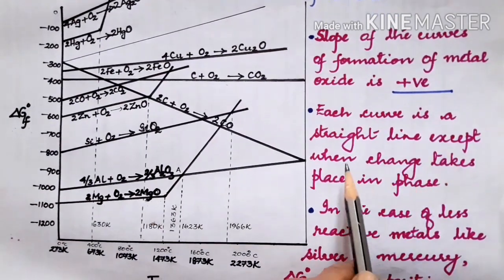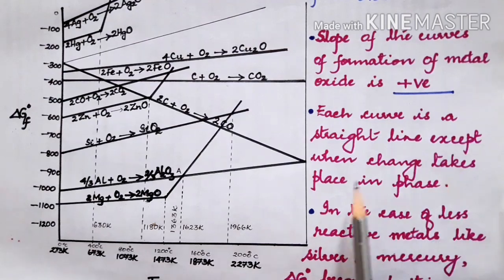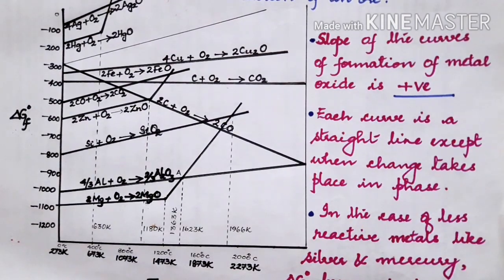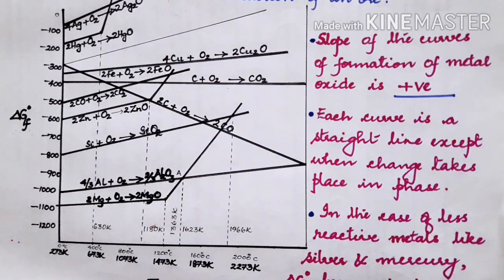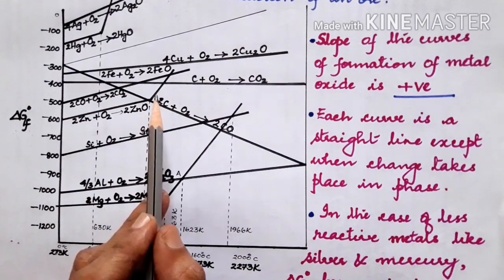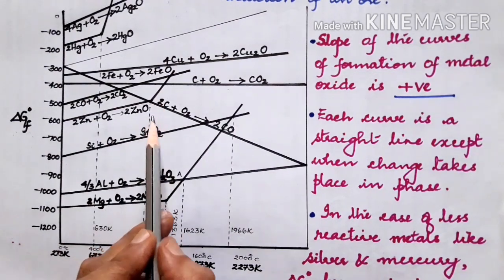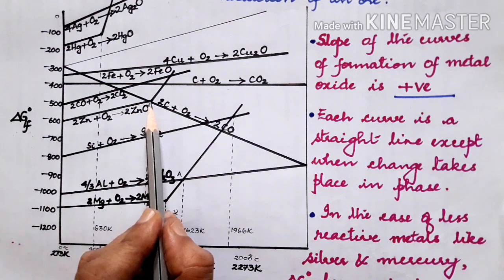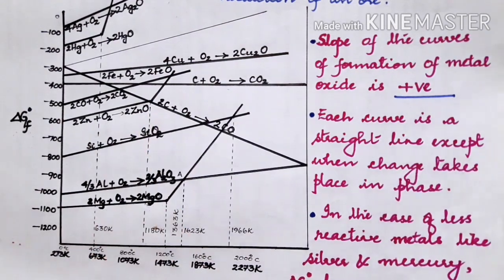Each curve is a straight line except when a change occurs in phase. That means if the substance is changing from its solid state to the liquid state or gas state, there is a break in the curve, and that is identified from the graph.